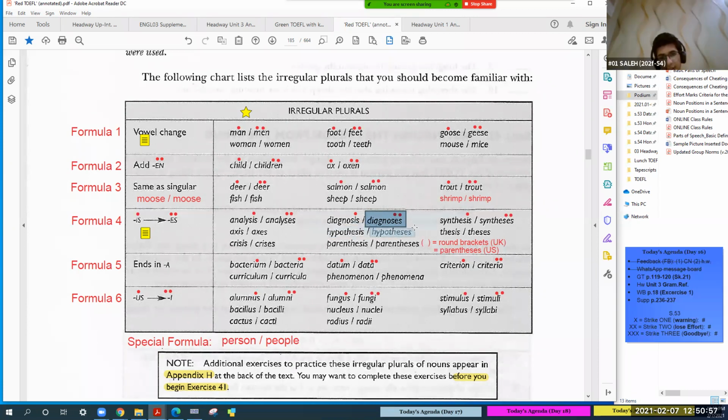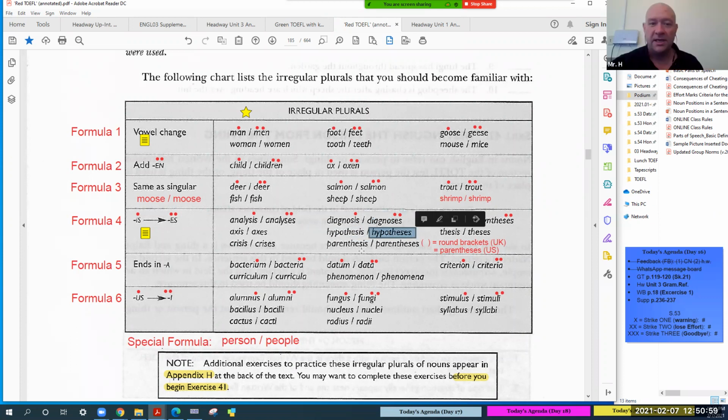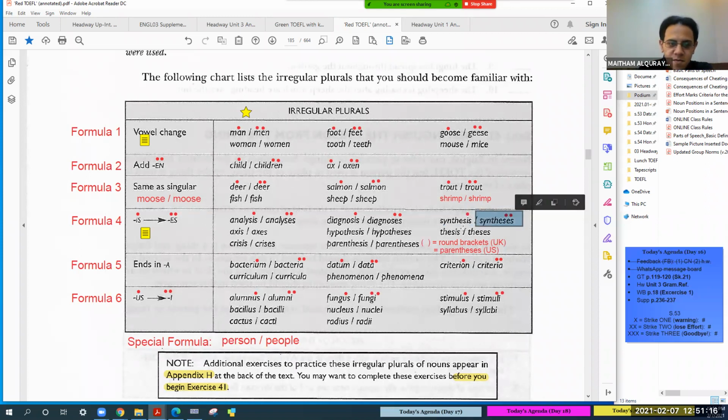Hypothesis, hypotheses. Good. Ali Al-Husseini. Parentheses. Excellent. Well done. Okay. Matham. Synthesis. Mustafa. Thesis, theses, like your sister.